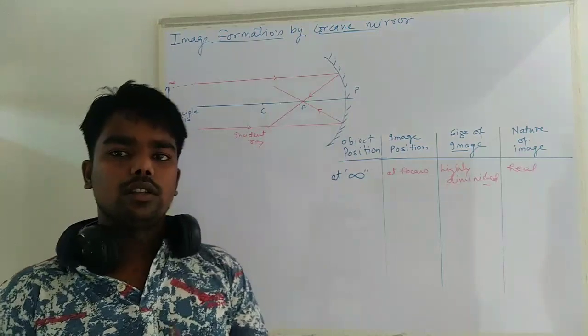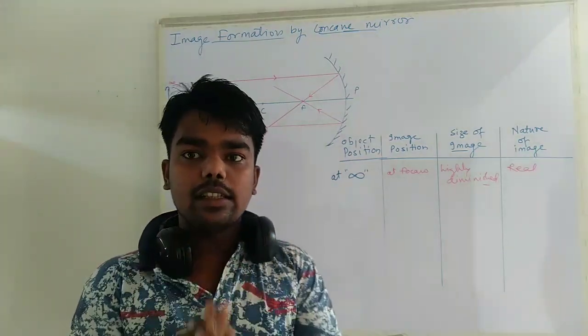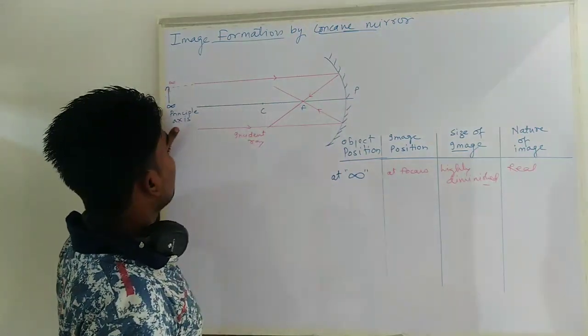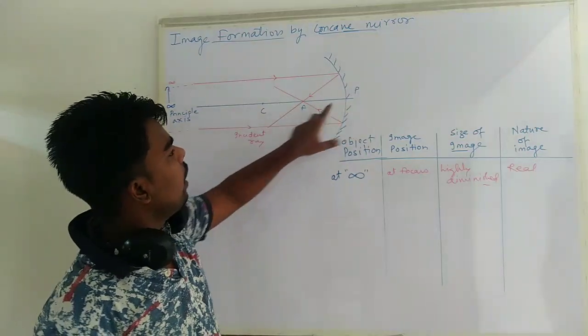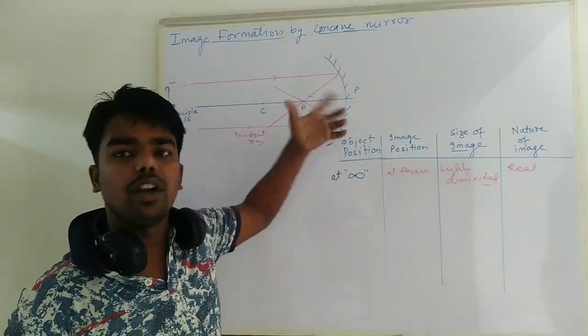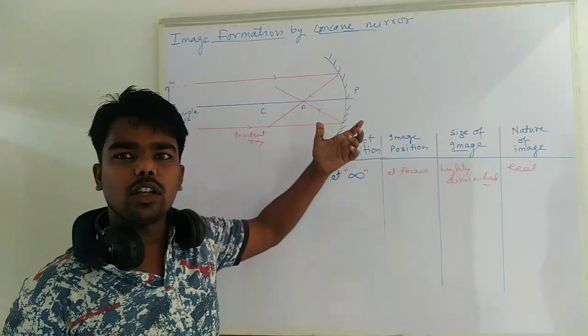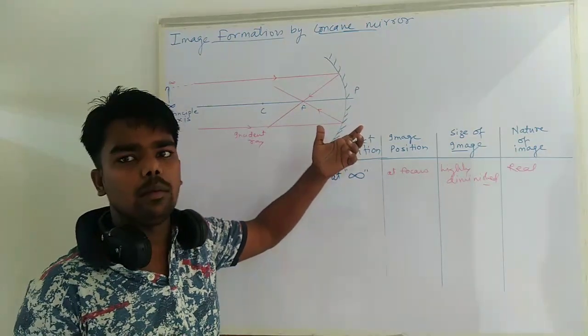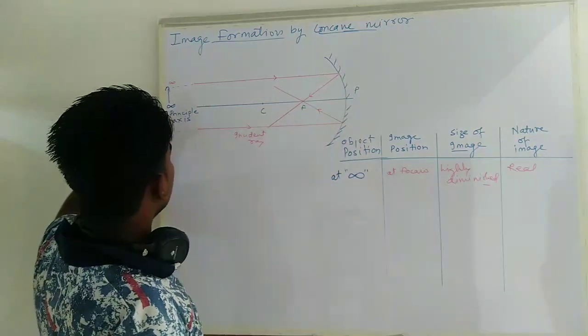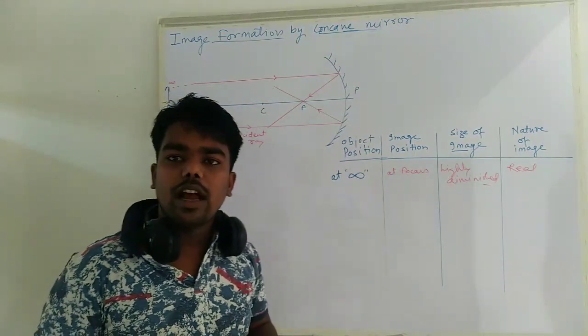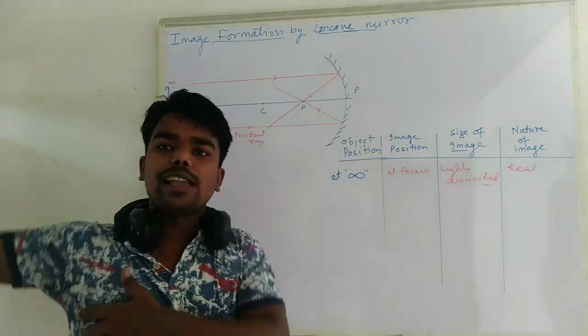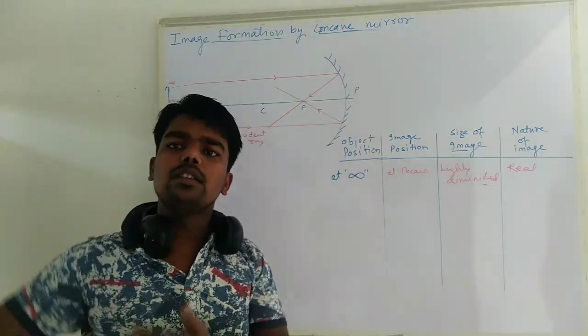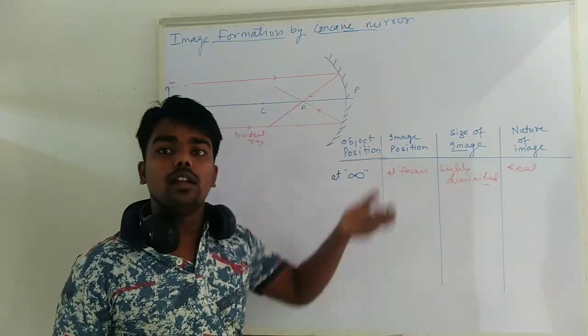Infinity simply means the distance of the object from the pole is very much greater than the radius of curvature. Suppose the radius of curvature is 10 centimeters. Then an object placed at 5 meters, 7 meters or 10 meters can be considered as infinity.